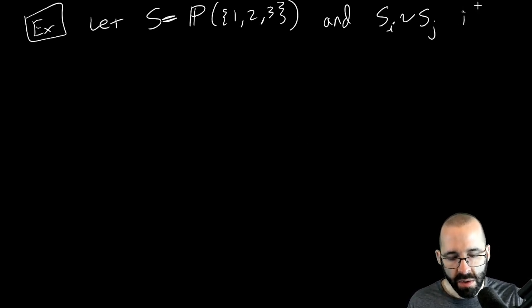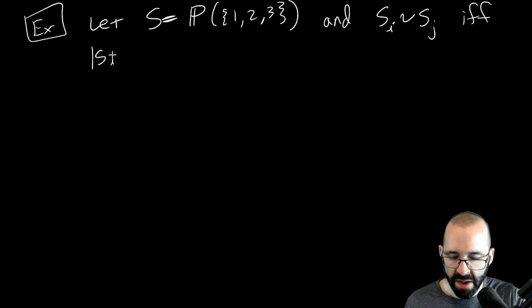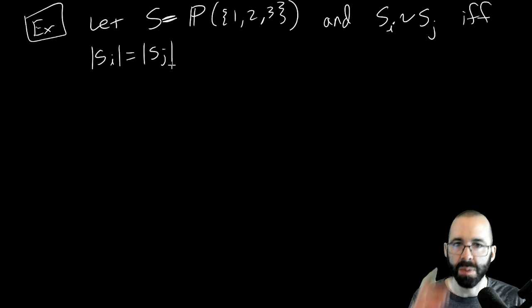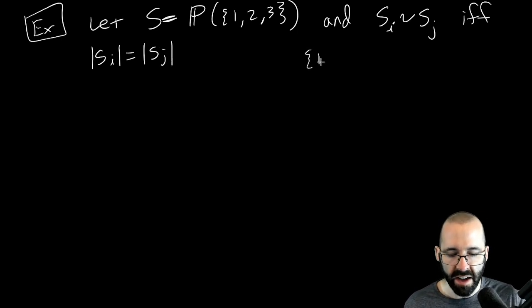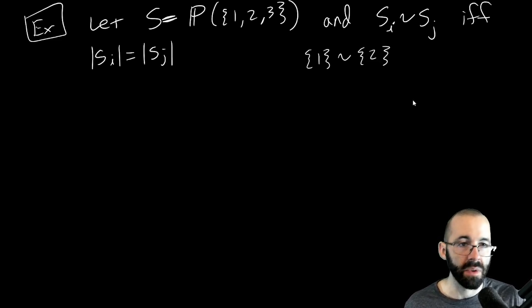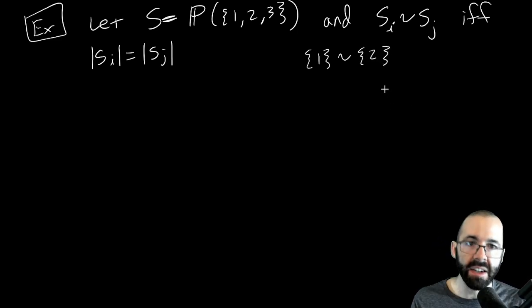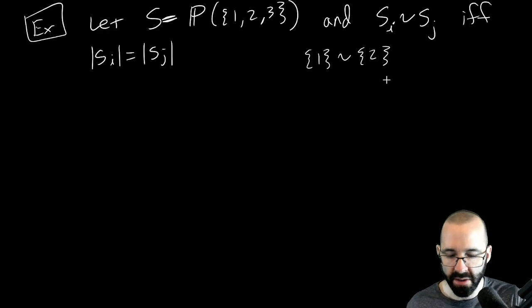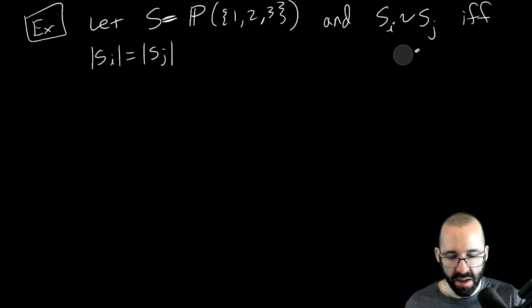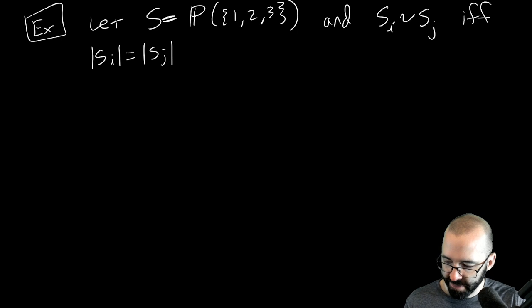Two things are related to each other if and only if they have the same size. Specifically, the set containing 1 would be equivalent to the set containing 2. They have the same size, the same cardinality; their cardinality is 1. So that's what we'll be dealing with here.